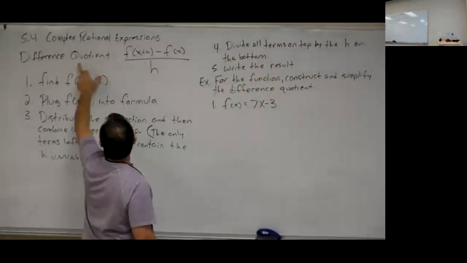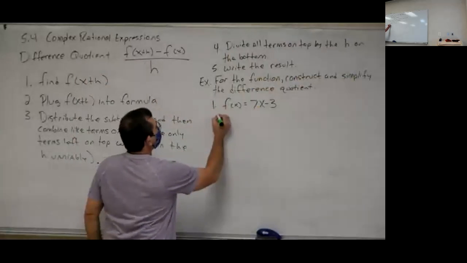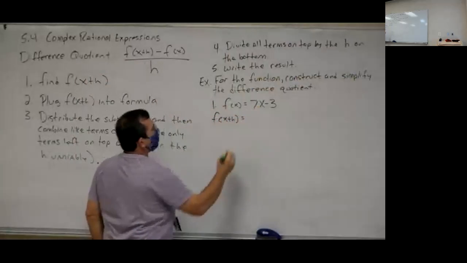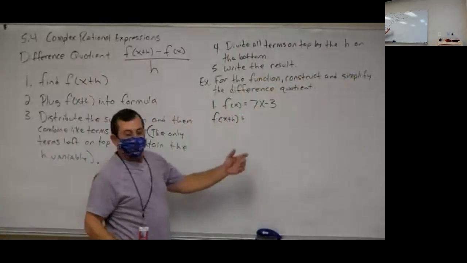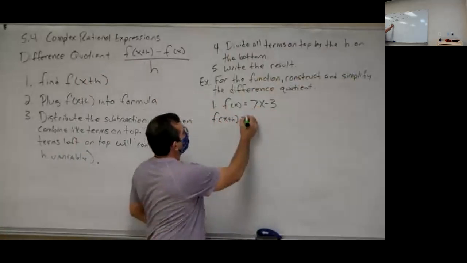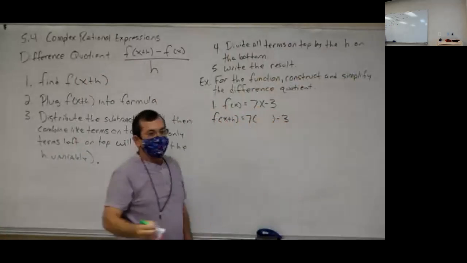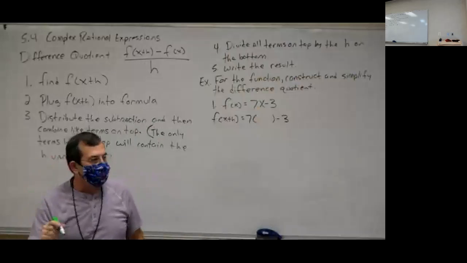So the first thing I said, I was going to find f of x plus h. So here we go. F of x plus h. That means you're going to take this f of x expression, 7x minus 3, and where it's got that x, I'm going to put x plus h.